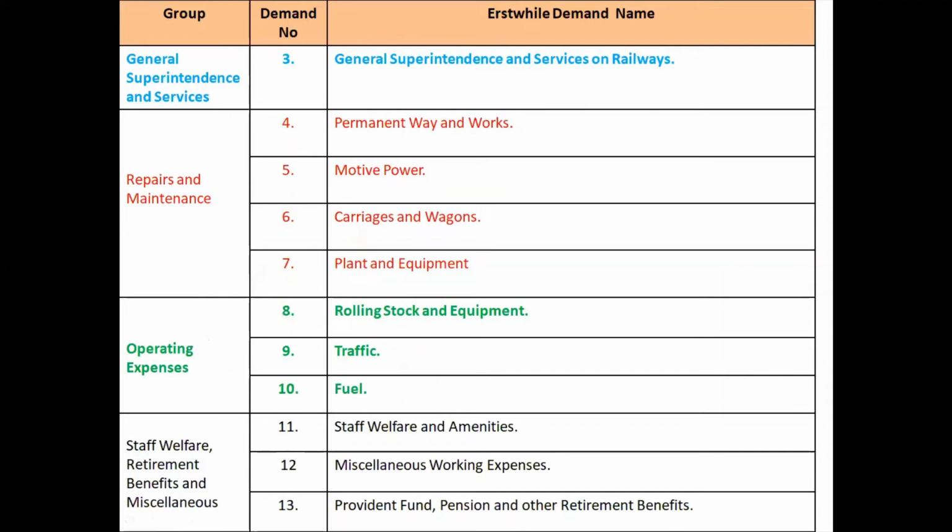Sonali, wrong. Jarina, wrong. See, the staff canteen expenditure is a part of staff welfare. Very good, 11. Please stop.